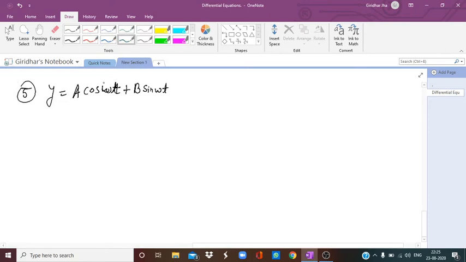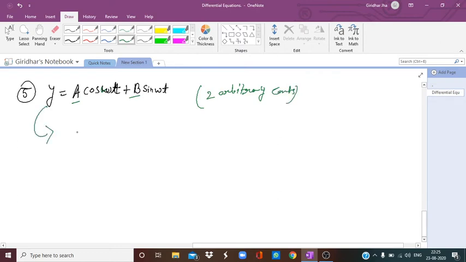So how will we proceed for this solution? How will we get the differential equation? So a and b, got it? A and b are the arbitrary constants here. Omega is not an arbitrary constant. Remember, in this equation it's a constant, correct? But a and b are arbitrary constants. So we have two arbitrary constants, and we must differentiate twice.